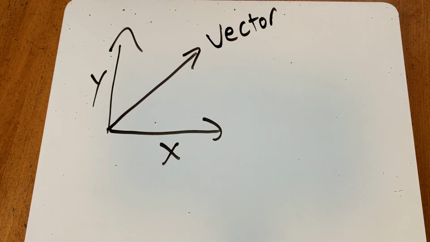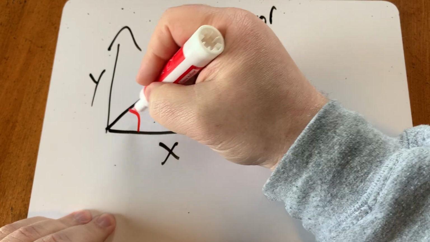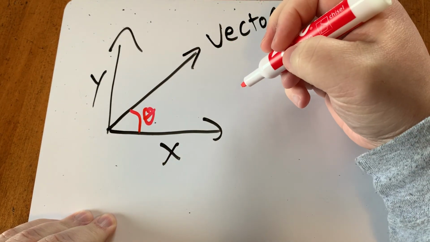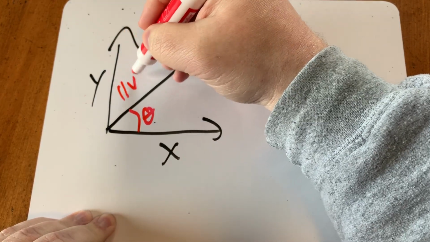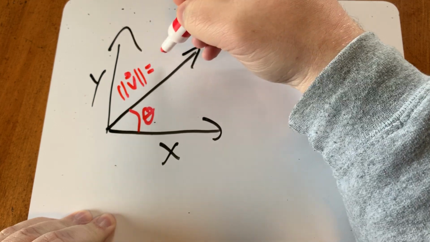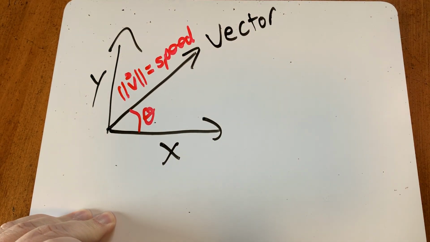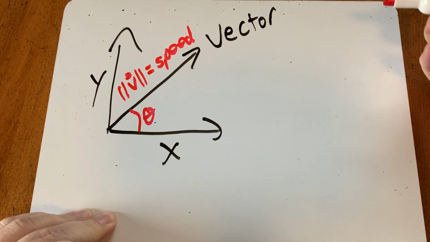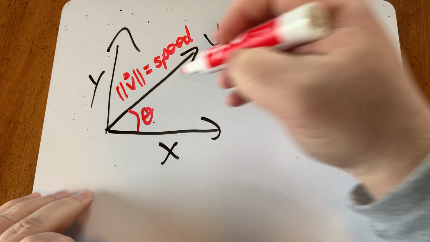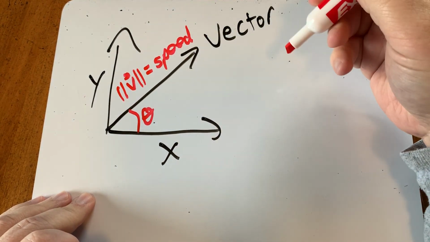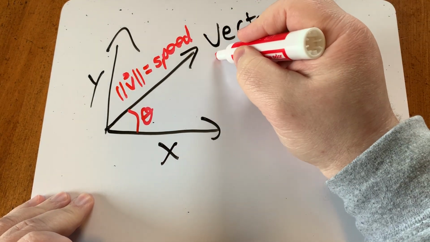So as it follows along this vector, we've got the angle of the vector, and then the magnitude of the vector would be the speed of the release, or velocity of the release. It doesn't really matter for our purposes, but the speed that the object is launched is the magnitude of the vector.